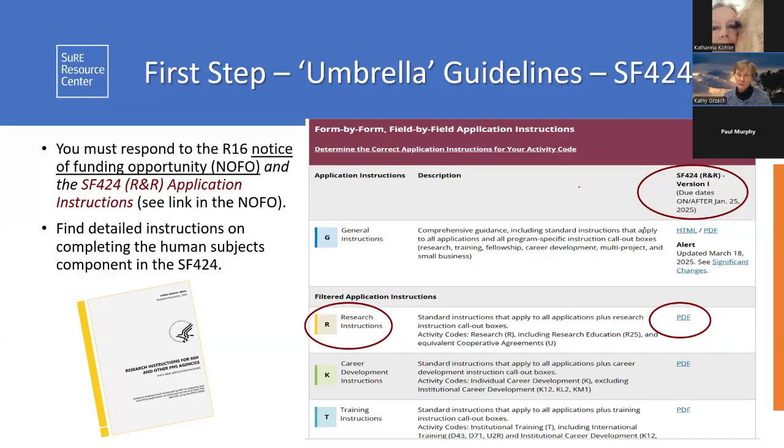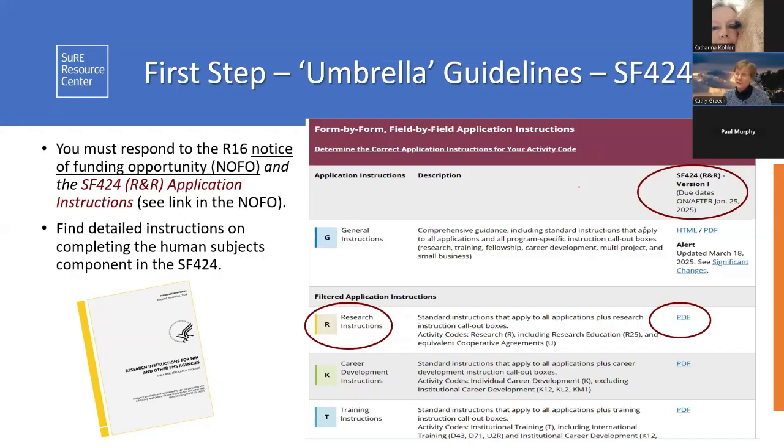You must respond to that notice of funding opportunity, or NOFO, and the SF 424 R&R application instructions, and every NOFO will provide the link to the SF 424 and the particular version that applies. This is really important because the details on how to complete the human subjects component of your application are in the SF 424.